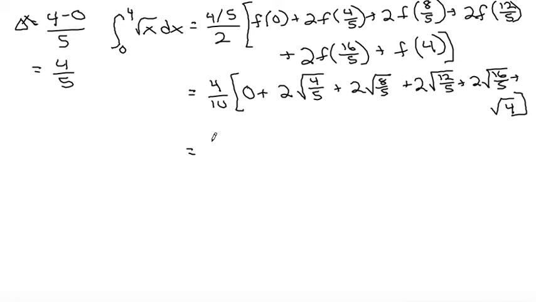So if I plug this into my calculator, well, first of all, 4 over 10, I can simplify that to 2 over 5 times, I don't have to put in 0, I can just do 2 times the square root of 4 over 5 plus 2 times the square root of 8 over 5 plus 2 times the square root of 12 over 5 plus 2 times the square root of 16 over 5, and then plus the square root of 4 is just 2, so I can put that in as 2 at the end.